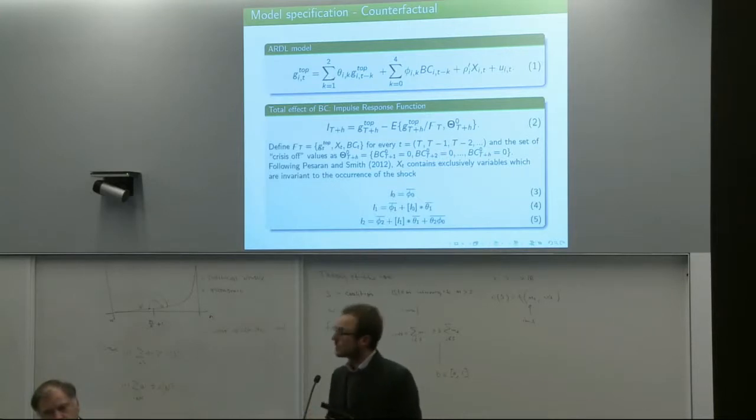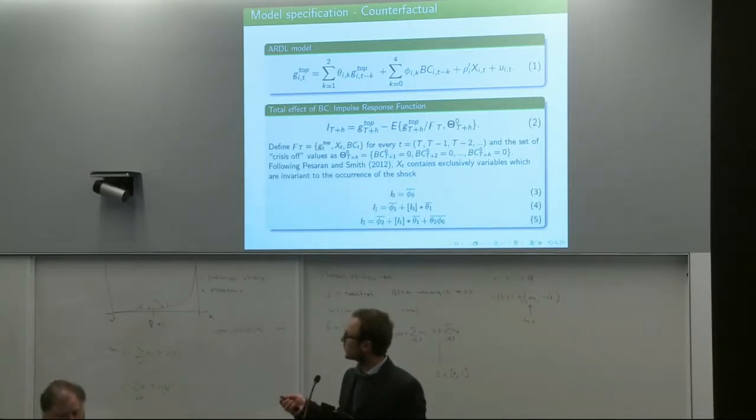And then we study the response of top income shares over time. This approach is informative about the duration of the effect, but also about the depth of the impact. There is a complication, and obviously this is easier said than done, because what we need to do here is try to come up with an estimation of the counterfactual.